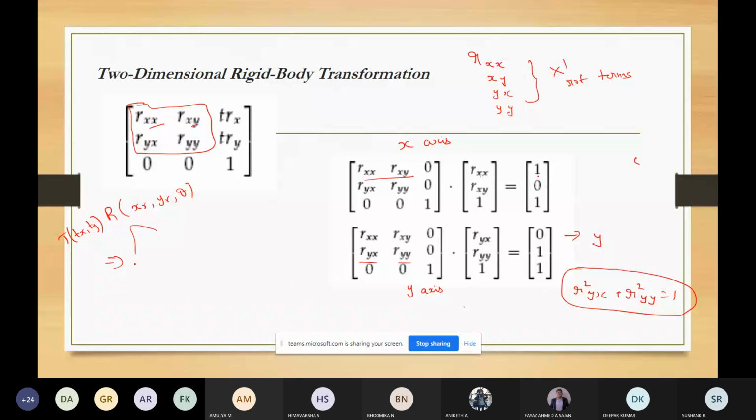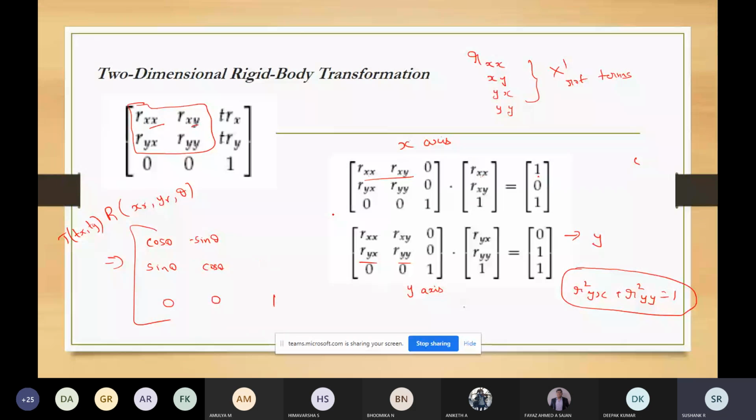How to do that? Rx, what does it contain? Only rotation. Rotation means cos theta, minus sin theta, cos theta, and you know that 0, 0, 1. The only thing we have to find is this. We have already studied rotation along a pivot point.